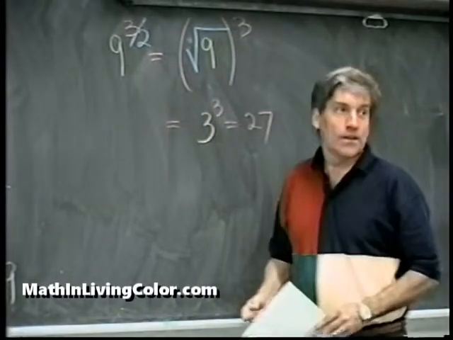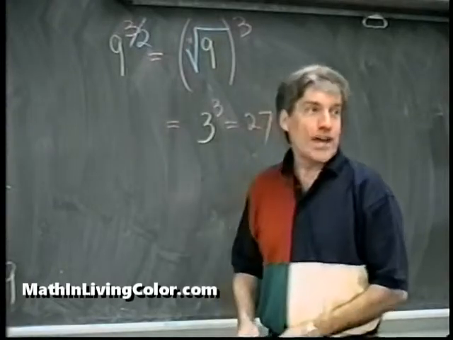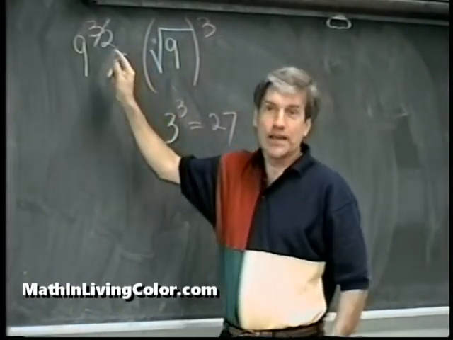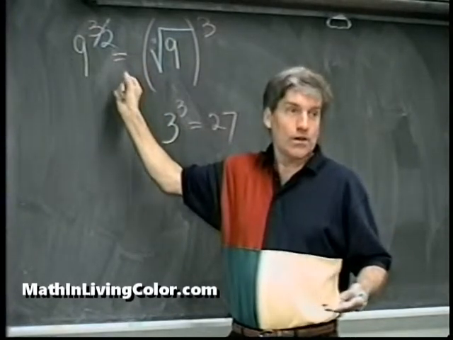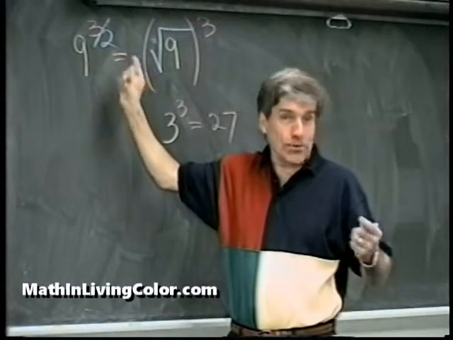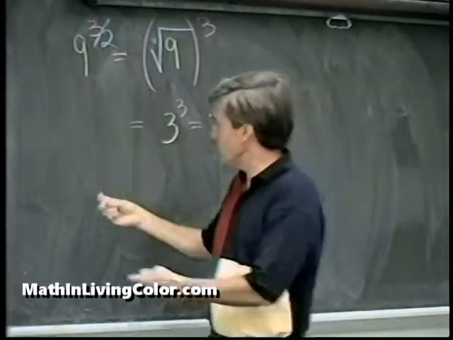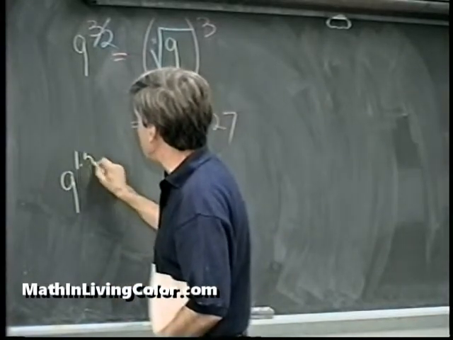Okay? Now I'd like you to try that with your calculator. Can you do that with a calculator? First of all, does everybody know what 3 halves means as a decimal? 3 halves means what? 1.5. Can you see that 3 halves is 1 and 1/2, which is 1.5? So use your calculator to get 9 raised to the 1.5 power.